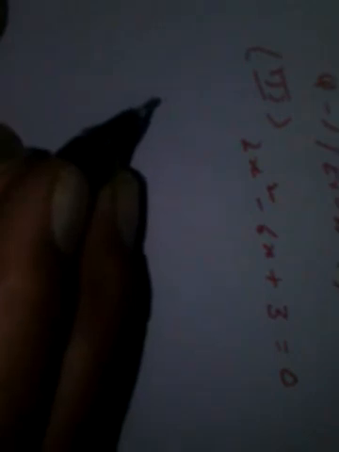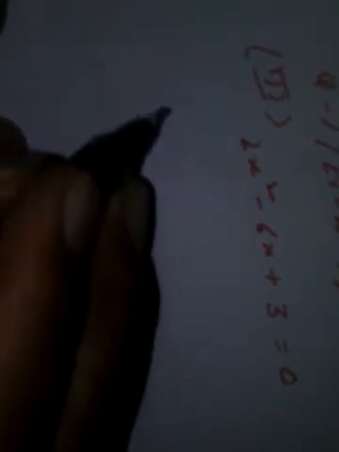We have to find the roots of the equation and the nature of the roots, and if they exist, then we have to find the value of the roots, which means we have to find the value of x. So again, as we have repeated in question number 1 and 2, the same thing we have to repeat here.